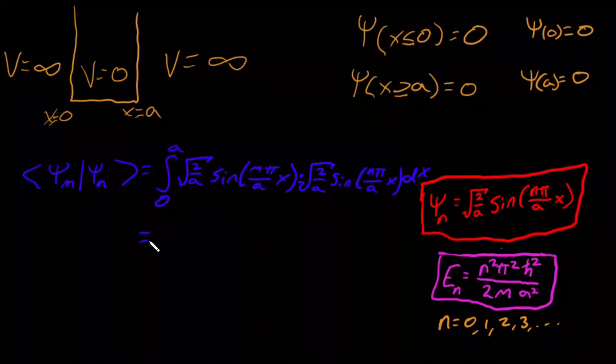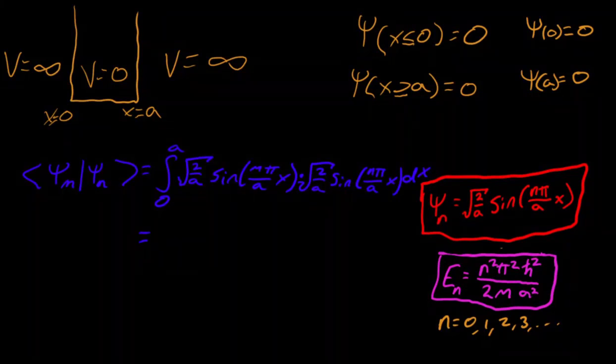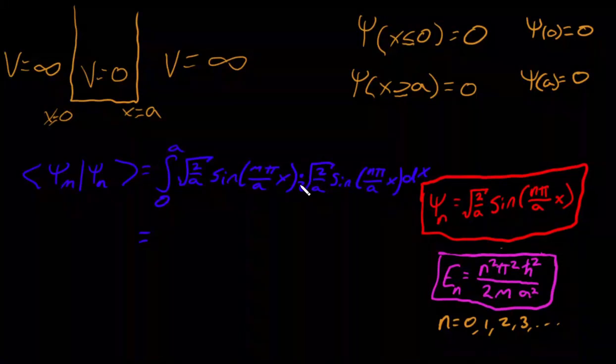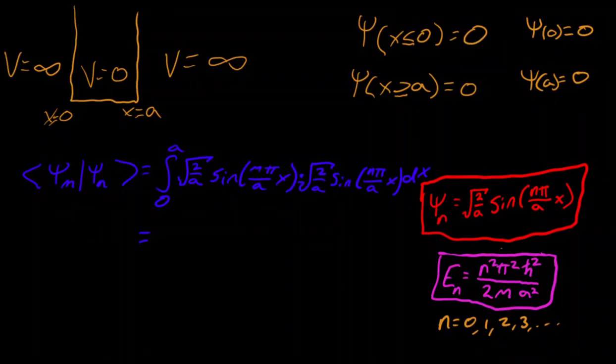And when you do this, if you plug in different values of m and n, as long as they're integers, you get an interesting result: these functions are orthogonal. This integral is equal to 0 as long as m and n are not equal.